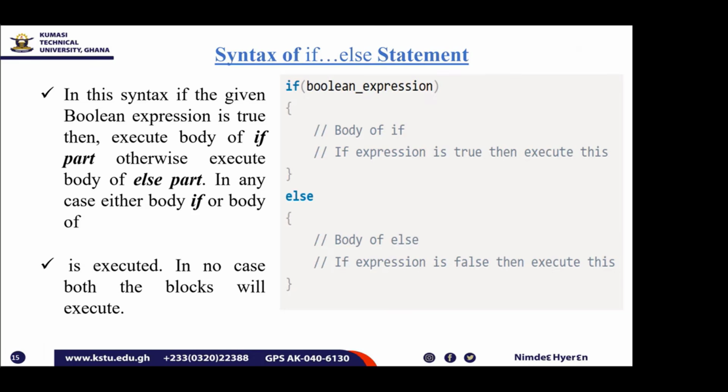However, where the Boolean expression is false, then the body of the else would be executed. So if the Boolean expression is true, the body of the if is executed. However, if it is false, then the body of the else is executed. So take note of that.